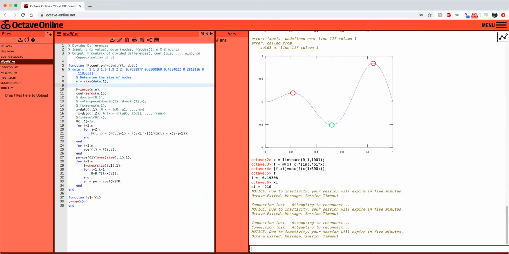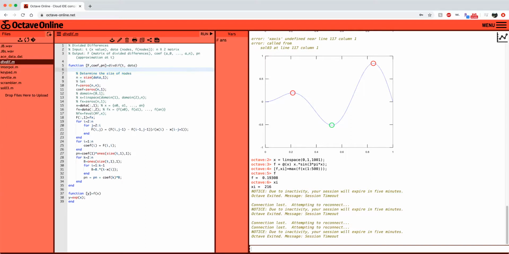Then also we determine, and then set the size of matrix F. Okay, so F is zeros, m by n. Okay, so now the coefficient is going to be zeros, m by 1. Does it make sense? Okay, because the coefficient is nothing but what? The coefficient, we're going to put the diagonal entries of matrix F. So the size of coefficient must be m by 1.